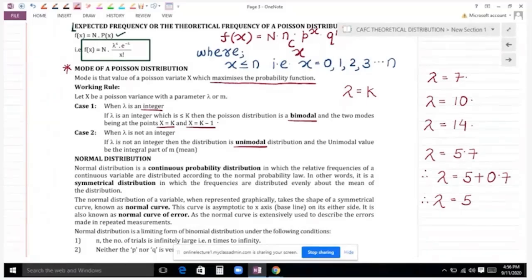चलो, write down the last heading to be as well. Normal distribution.